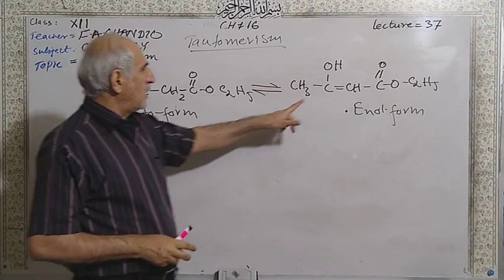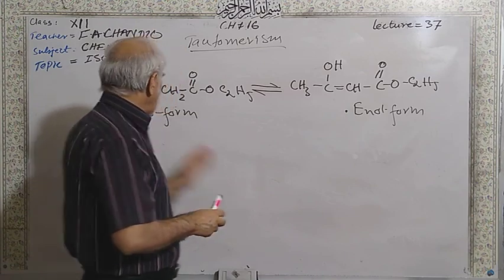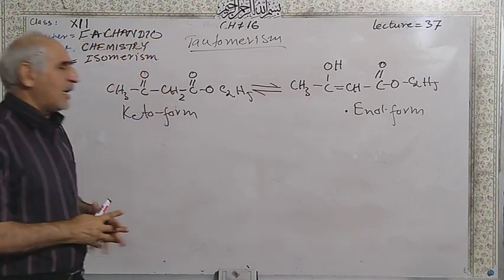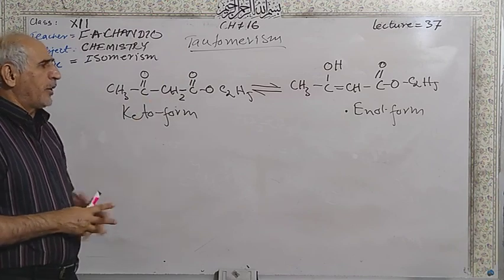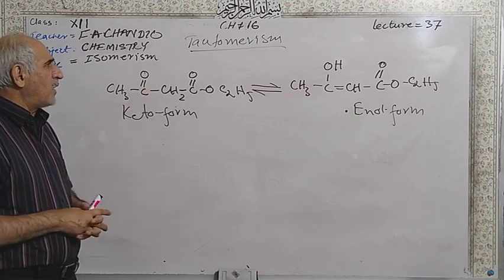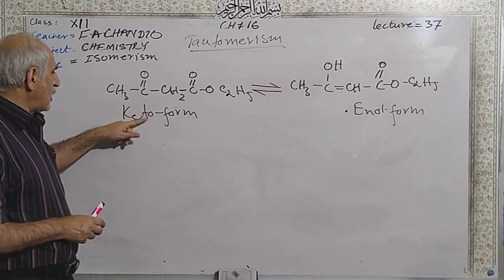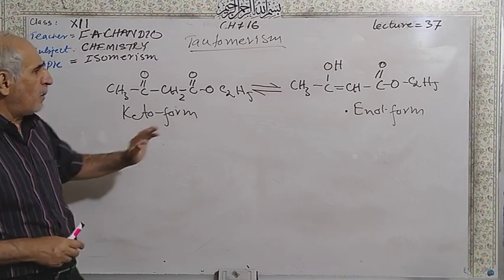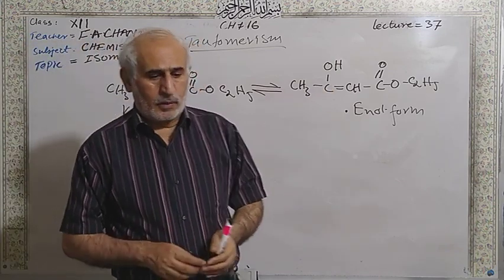So they exist in equilibrium. This type of isomerism is called tautomerism. This is the ketone group, that's why we call it keto form. This is the alcohol group, we call it enol form.